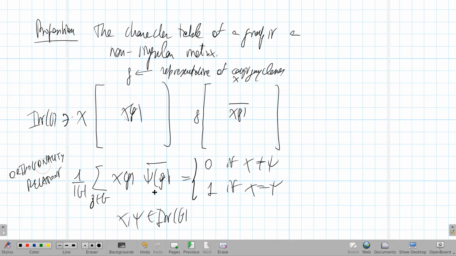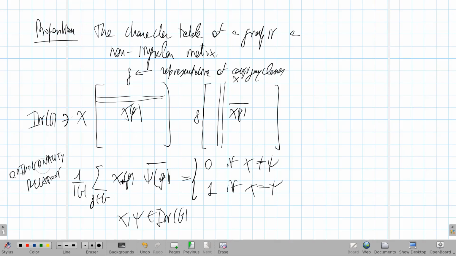But this is not quite correct, because here we are summing over all elements of G, whereas here, if you take a product of a row by a column, you will only be summing over a set of representatives of conjugacy classes, so you're only counting one element per conjugacy class.